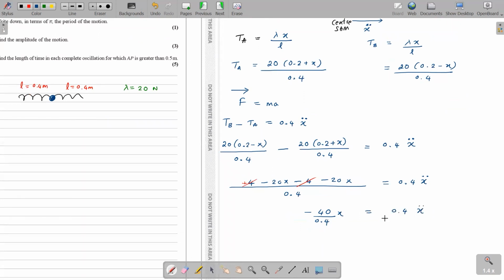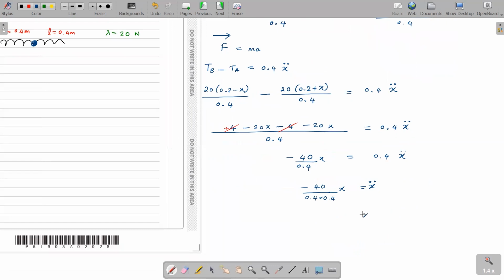So another 0.4 comes down here. x double dot equals minus 40 over 0.4 into 0.4, which is minus 250x.